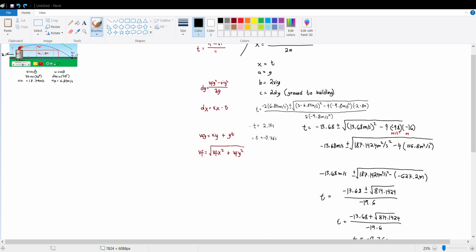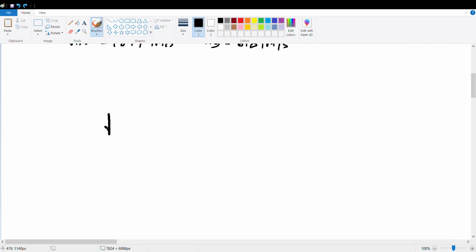Okay, let's solve for dx first because it's easier. So dx will also be Vix or Vfx times time. So this is why time is very important right now because it's basically in every equation.